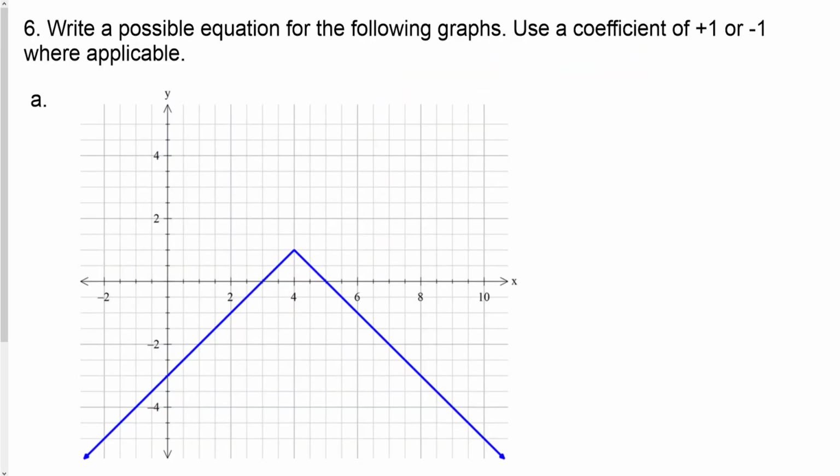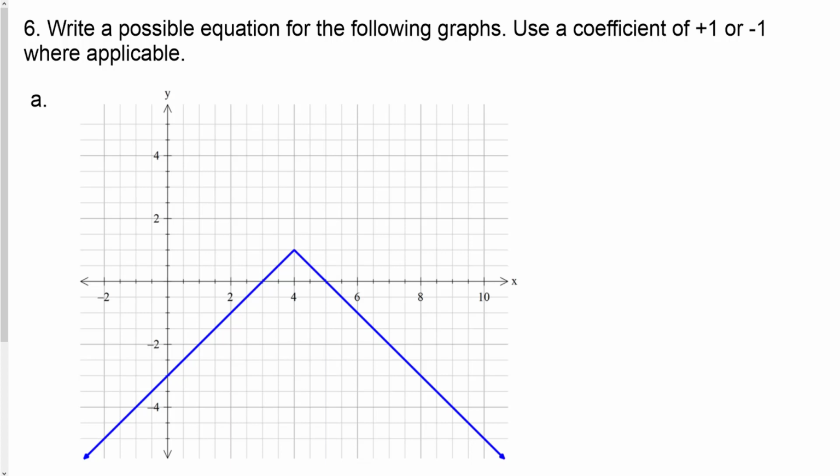Number 6. Write a possible equation for the following graphs. Use a coefficient of positive 1 or negative 1 where applicable. The wording use a coefficient of +1 or -1 where applicable basically is a way that we are telling you that you don't have to worry about a multiplier on your function.